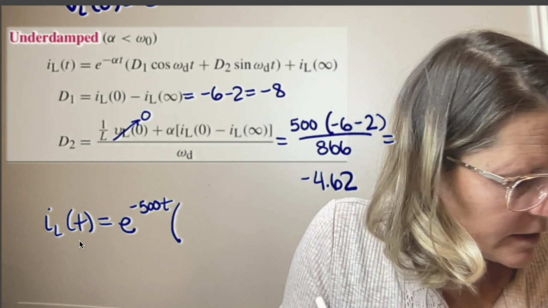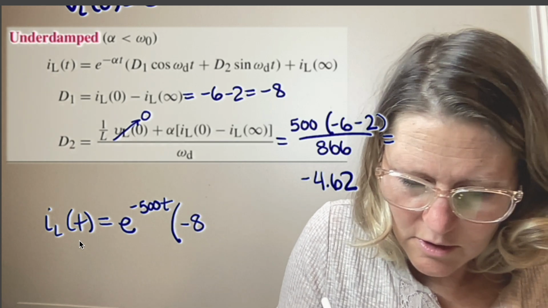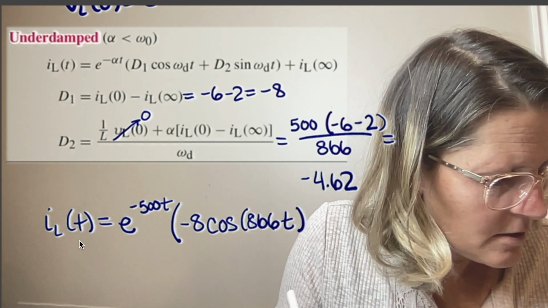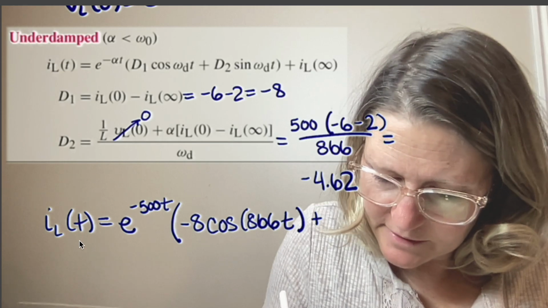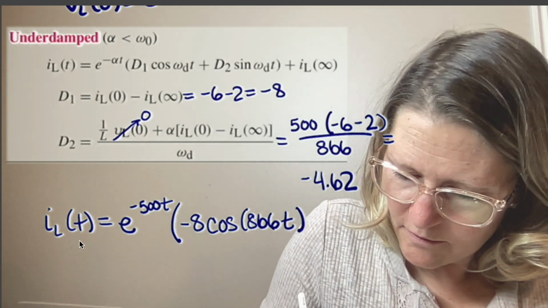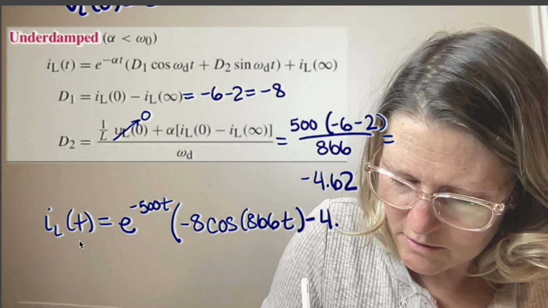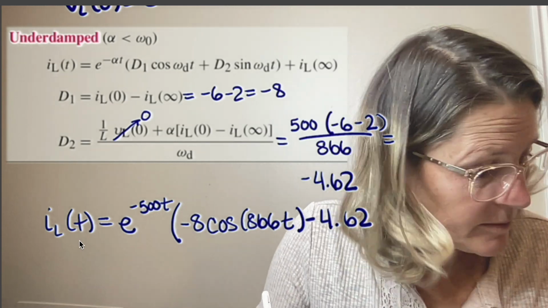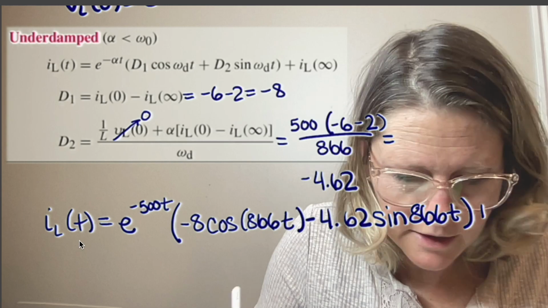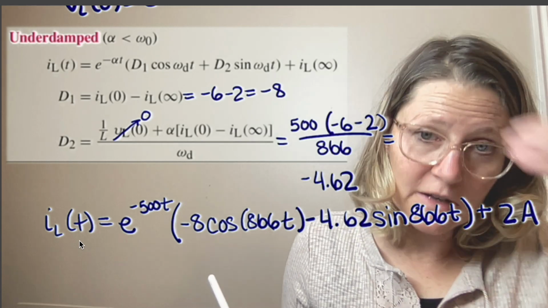And then D1 is minus 8, cosine 866t, and then minus 4.62 sine 866t plus 2. And these are in amps. So that is my IL of t.